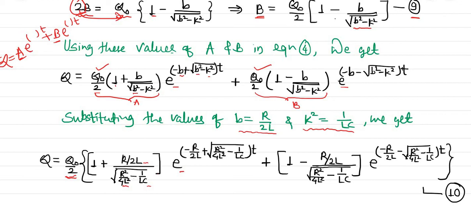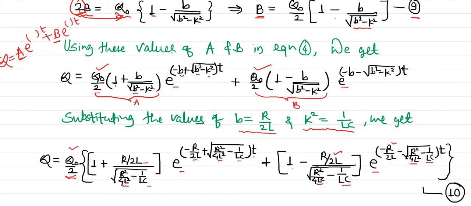So minus b means R by 2L, plus in the square root again b square, that's why R square by 4L square, minus 1 by LC, because k square is nothing but 1 by LC, T as it is, plus in the second term also 1 minus, this is the value of b square, this is the value of k square, and in the exponential factor minus b means minus R by 2L, again this is the value of b square, this is the value of k square, that is 1 by LC, the T, and curly bracket, because this Q0 by 2 is multiplied to both the terms we have taken common. Equation number 10. Now this is the most general solution, and here we do not have any substitution.